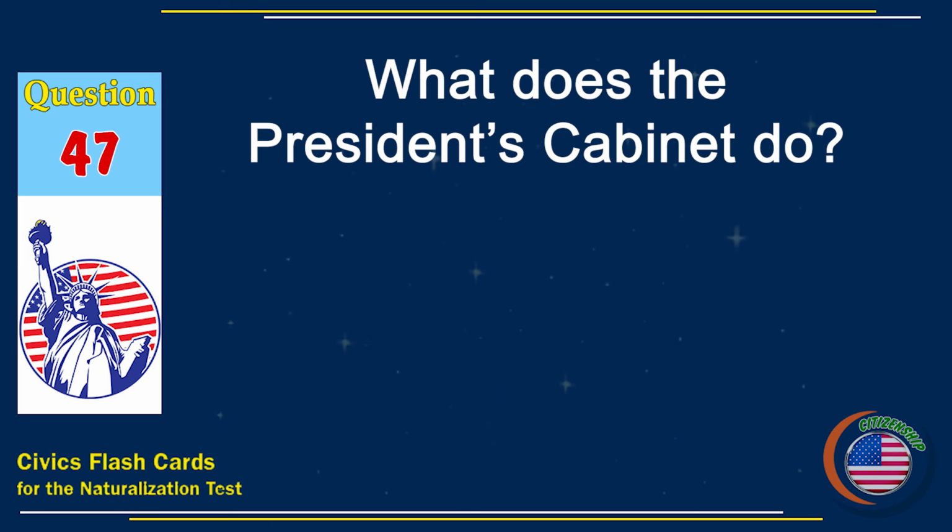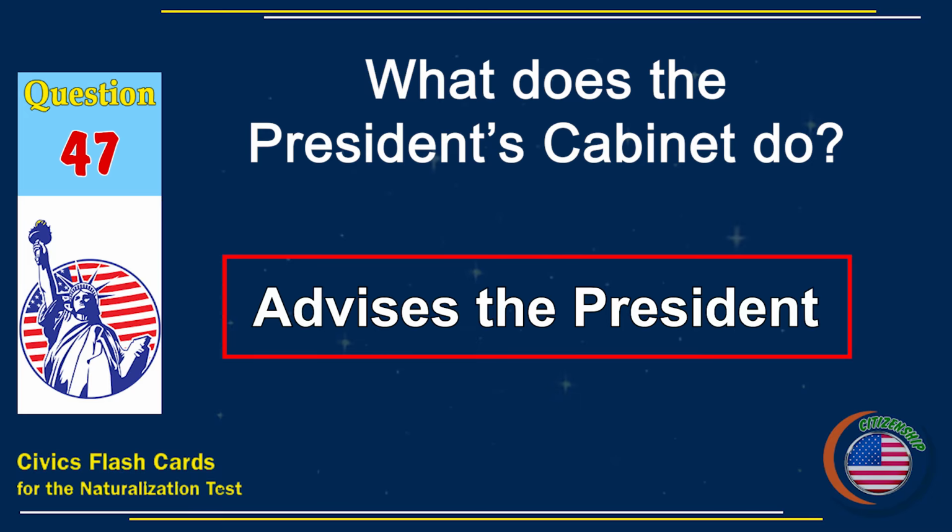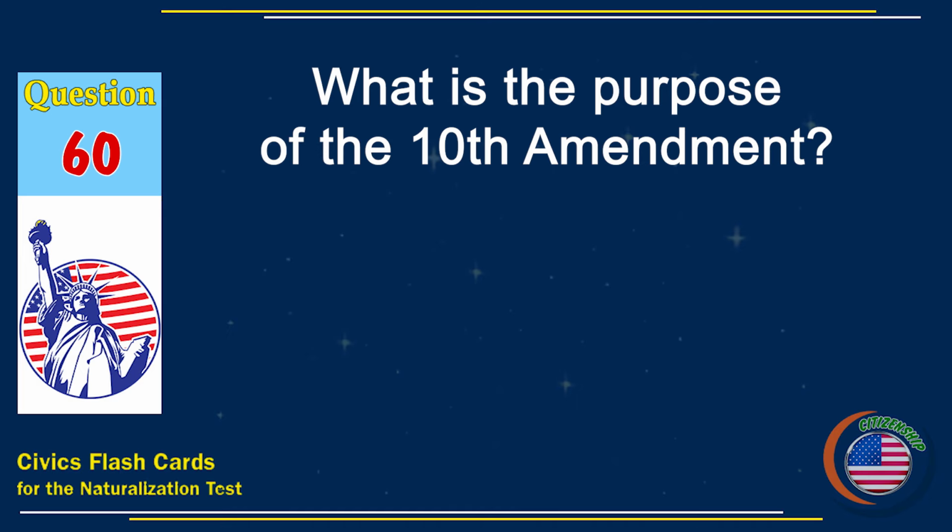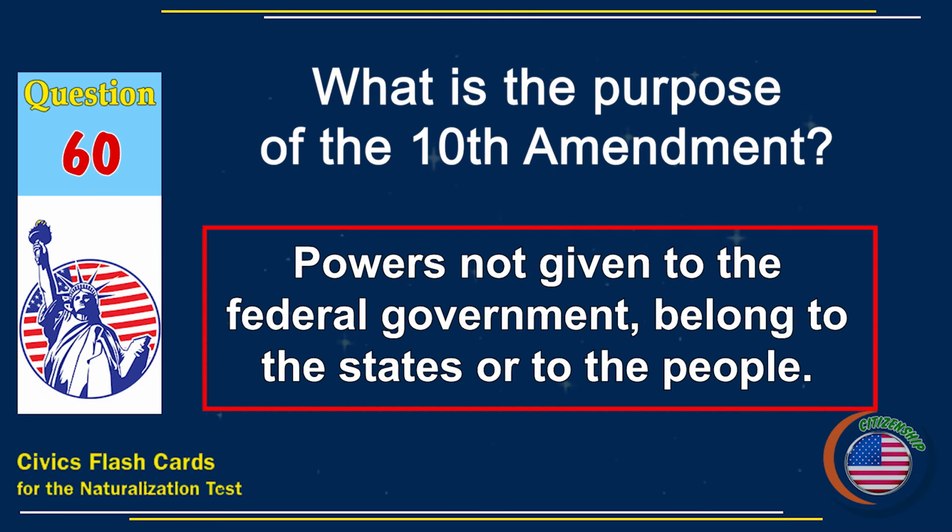What does the President's cabinet do? Advises the President. What is the purpose of the 10th Amendment? Powers not given to the federal government belong to the states or to the people.